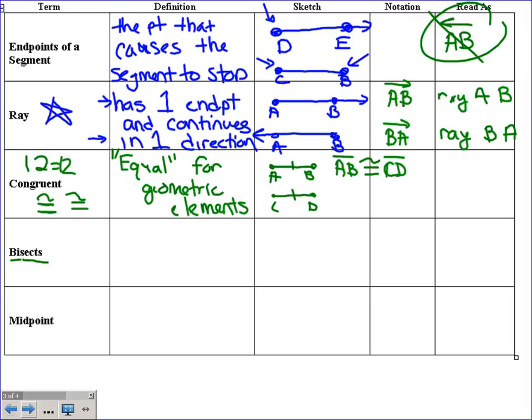Bisect: bi means 2, sect means to cut or to divide. To divide in 2 is what we're talking about. So it's a 2 cut. The opposite.